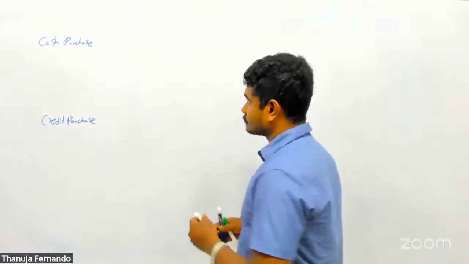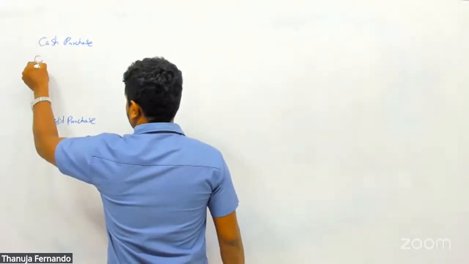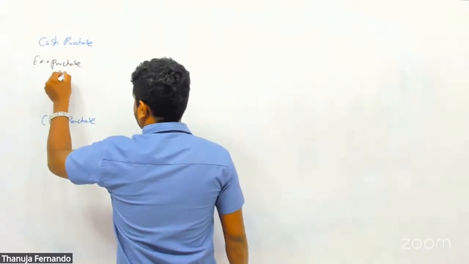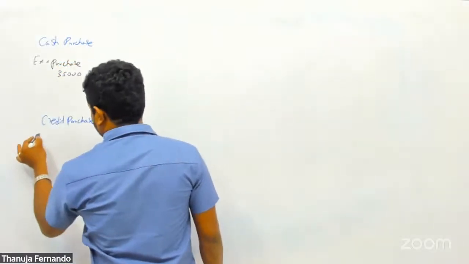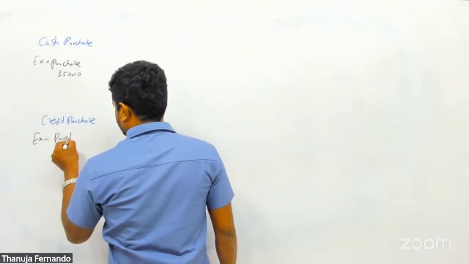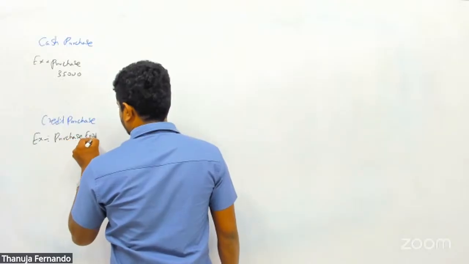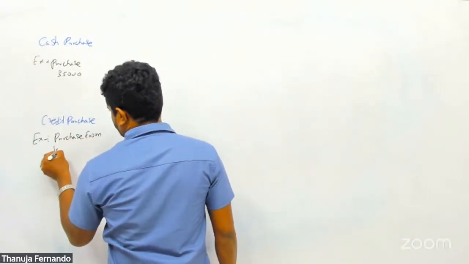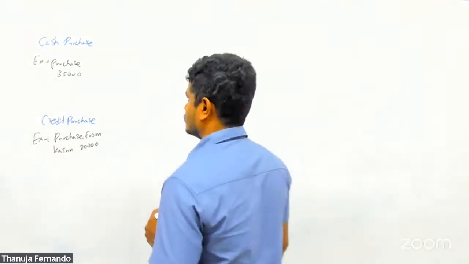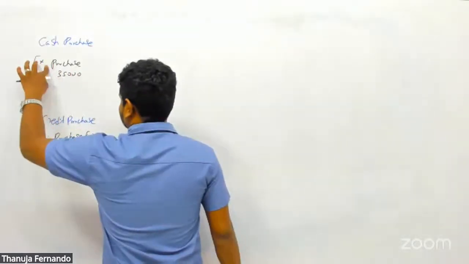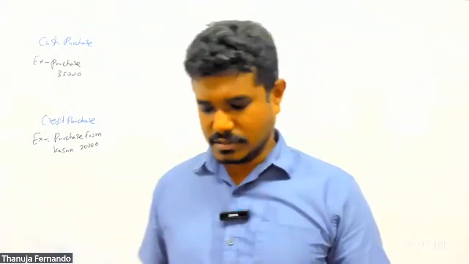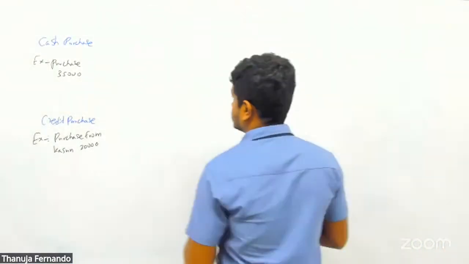Example. Just purchase 35,000. And here example. Purchase from Kasun 20,000, right? These are two examples. This one is a cash purchase. This one is a credit purchase, right? So this is how we record these.